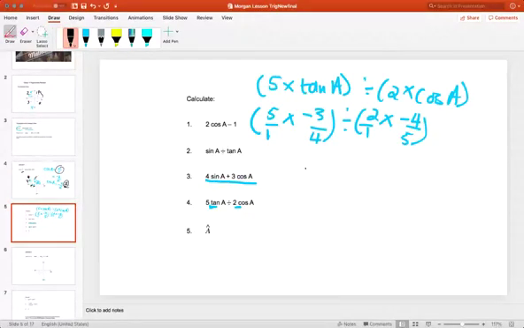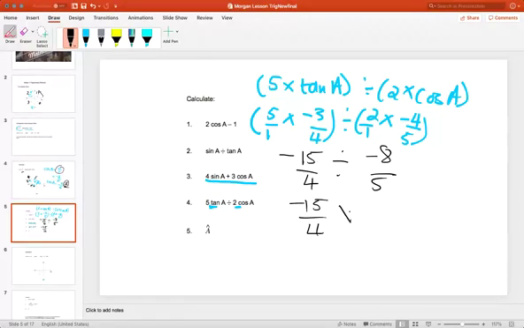So 5 times negative 3 is negative 15 over 4. Divide by 2 times negative 4 is negative 8 over 5. And then from our algebra, we should remember that the divide changes to times, and then we invert our fraction. So 5 over negative 8.